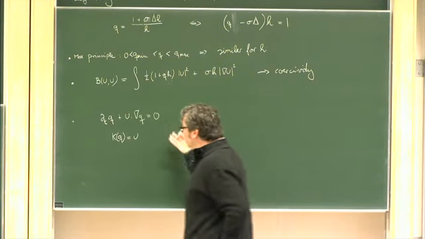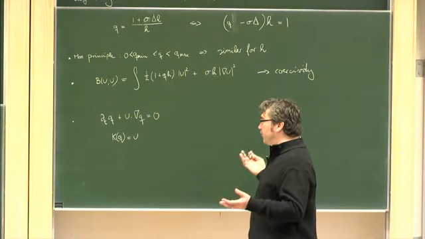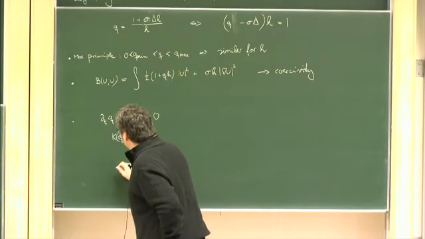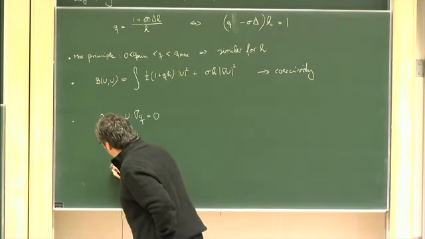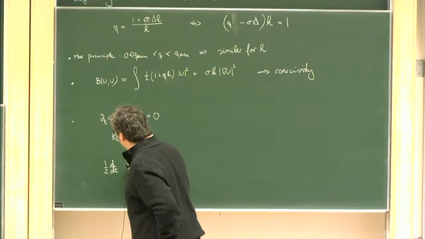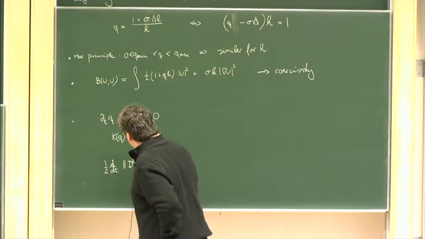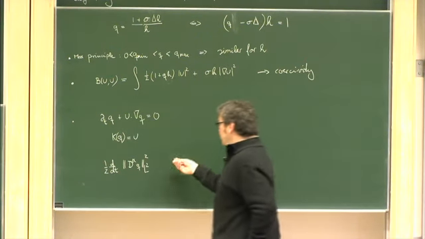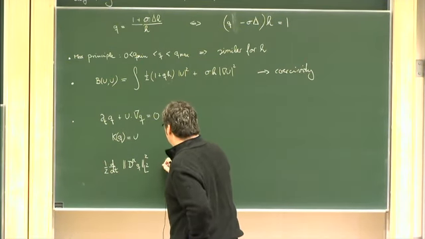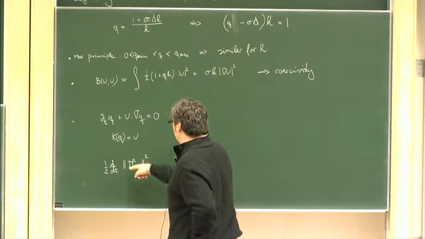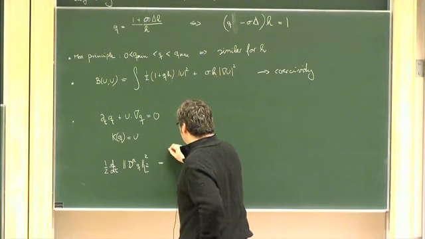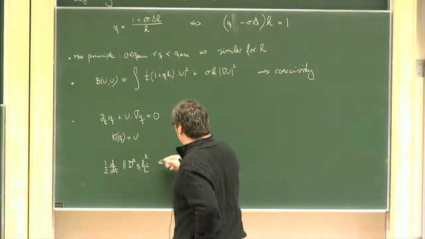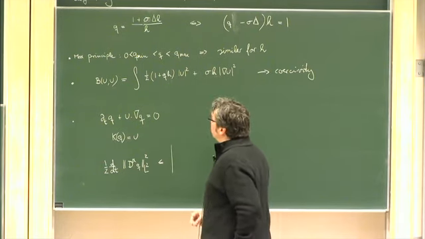Well, what do I do? I need to estimate arbitrary derivatives, let's say m derivatives. So let's compute 1/2 d/dt of the L2 norm of d^alpha q squared for such an equation. Hitting this with this derivative operator, I can probably estimate the time derivative by something in absolute value.